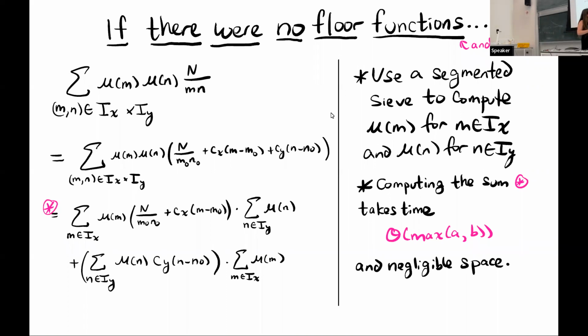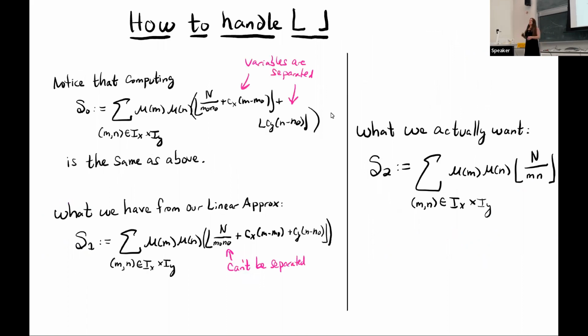And then we just end up computing the sum, and summing these things together takes time big O of the maximum of A and B. And so this isn't computationally expensive. So the upshot here is that this would be really easy if there were no floors. Unfortunately, we do have floors, and that's what makes it maybe a more interesting problem.